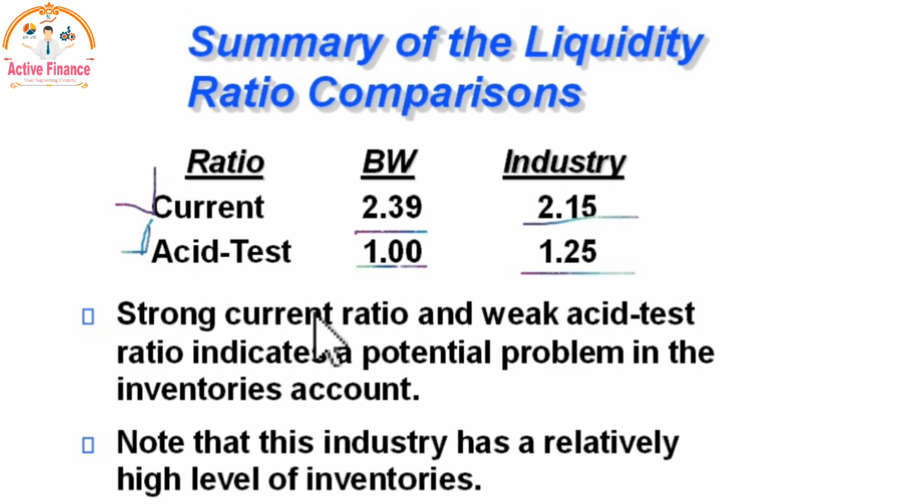A strong current ratio and weak acid ratio indicates a potential problem in the inventories account. It means there is a problem in the inventories account. Note that the industry has a relatively high level of inventories. That's why this industry has the lesser acid ratio because of the high level of inventories.